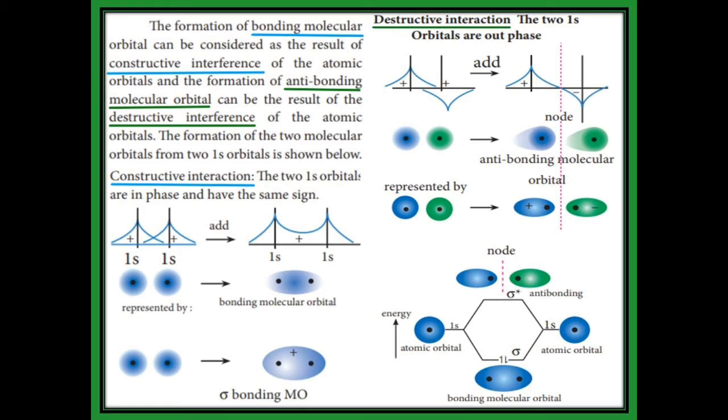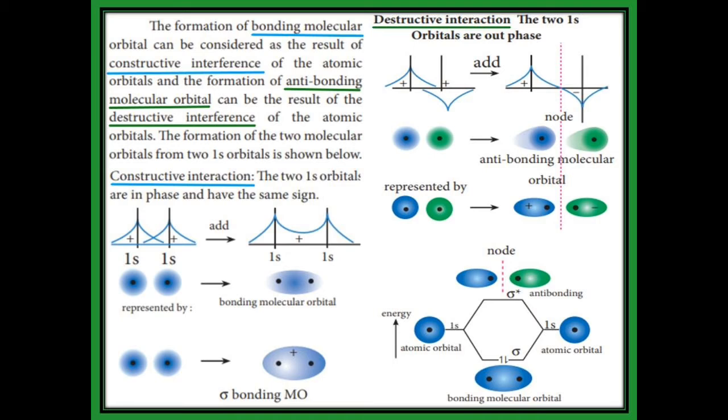We are just going to separate the atomic orbitals, but not like in the bonding molecular orbital. You see the bonding molecular orbital, what is its shape? It is oval. But in the antibonding molecular orbital, you see in the diagram there is a dark blue color and a green color.